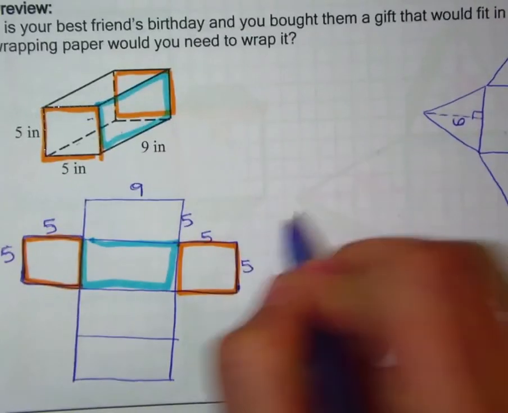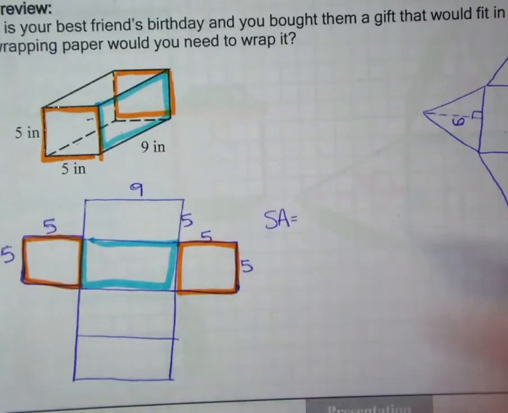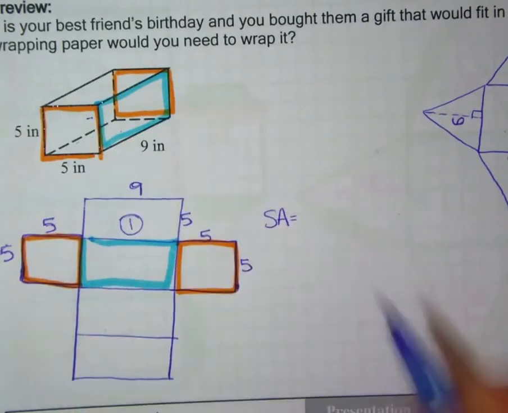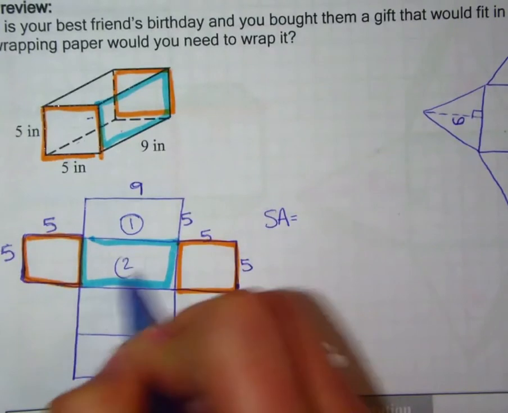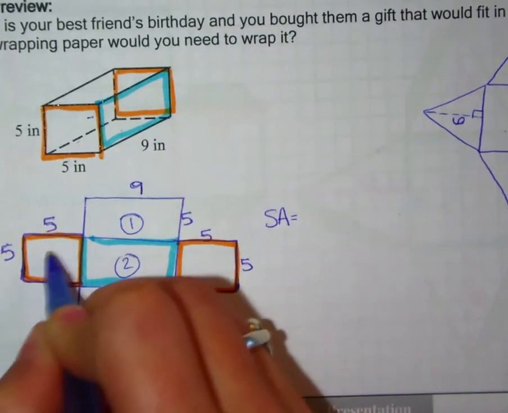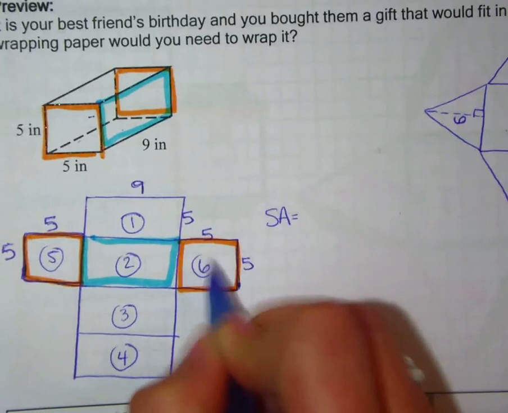So the way that you're going to find surface area today is by finding composite area, right? So what we'll do is find the area of this rectangle and add it to the area of this one, this one, this one, this one, and this one.